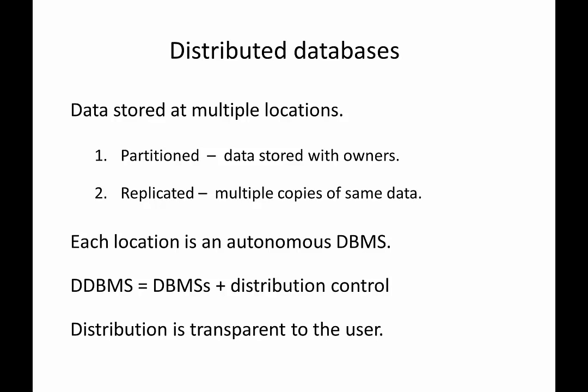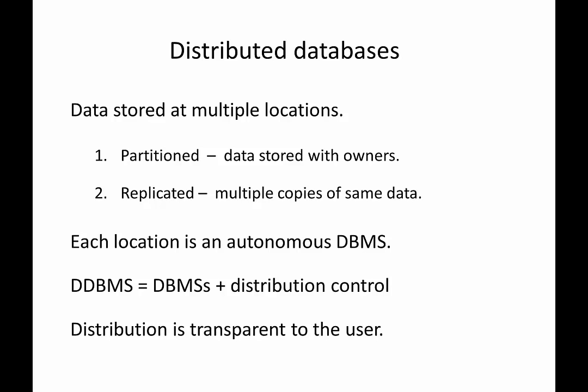Now, distributed databases. A distributed database is a database in which the data is stored at multiple locations, not just one server running away like we've been doing. There are two basic types of distributed databases: partitioned and replicated.